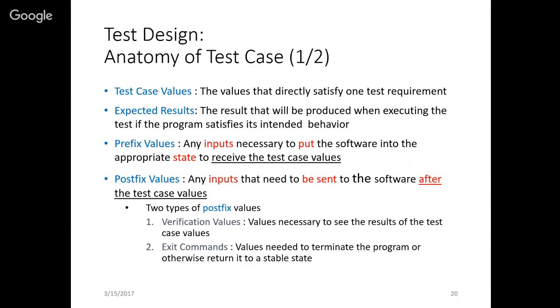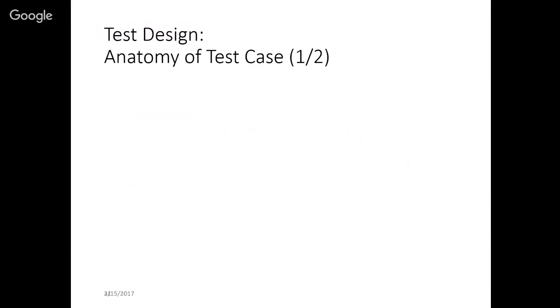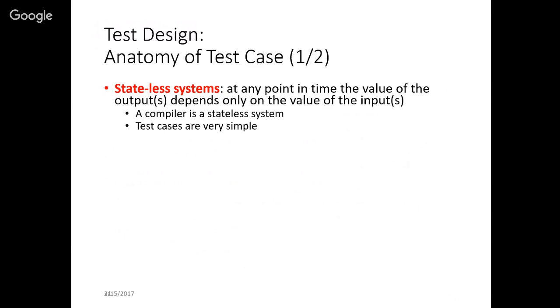This can be part of the postfix condition. And exit commands are things that put the system in a stable state. Why do we need this? Because not all systems are stateless. So we have stateless and state-oriented systems.